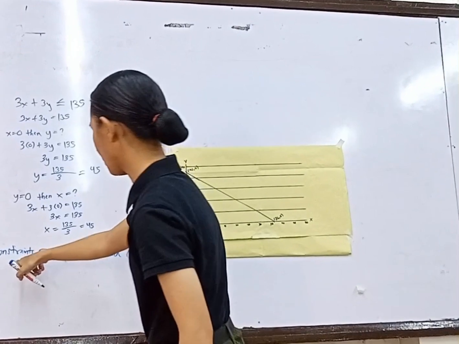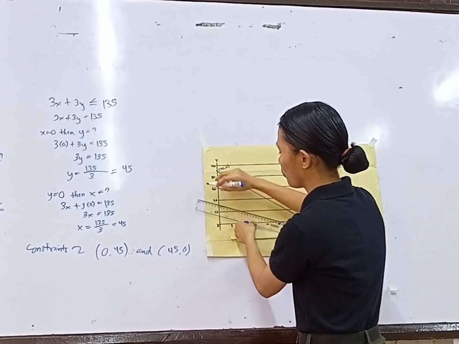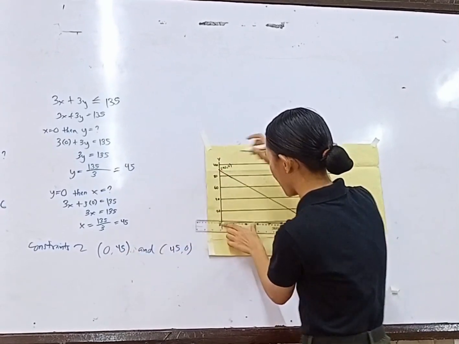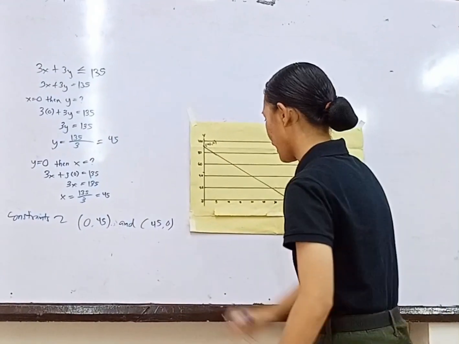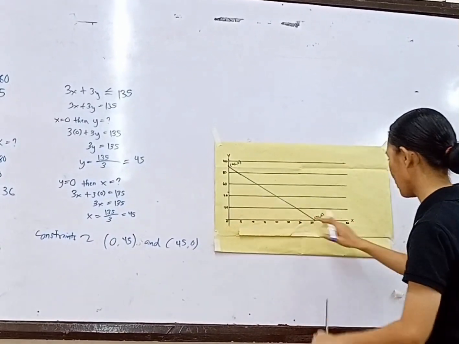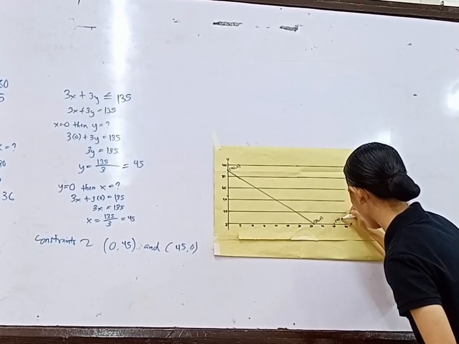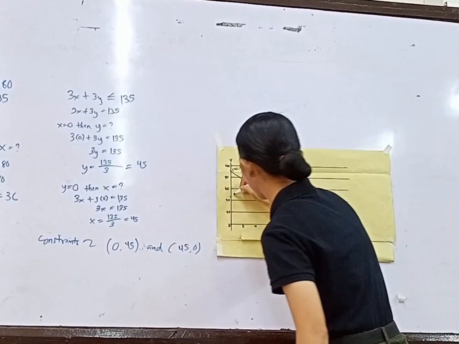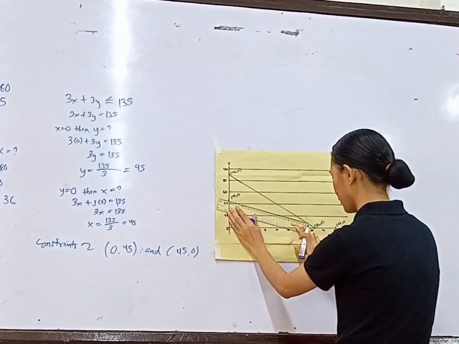And then for constraint 2, the y is 45 here, and the x is 45 also here. We draw the line.